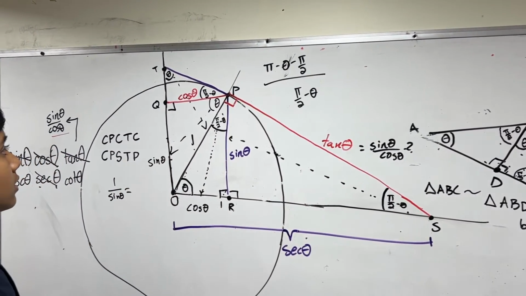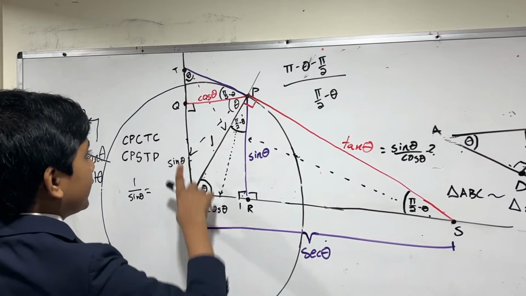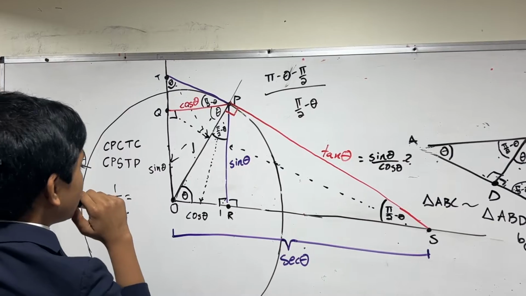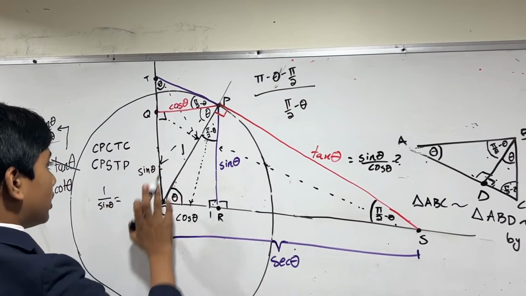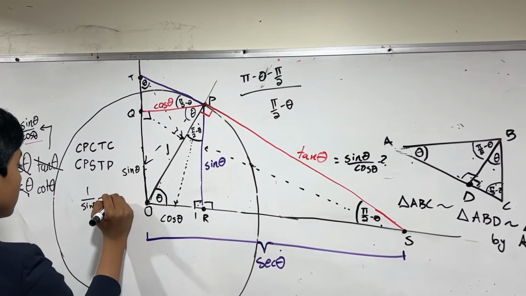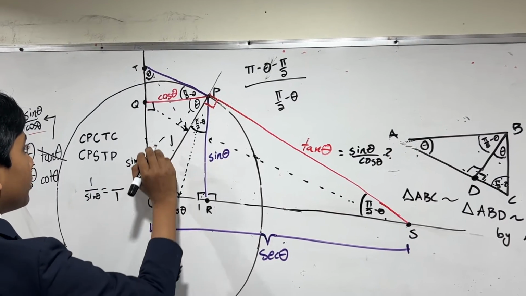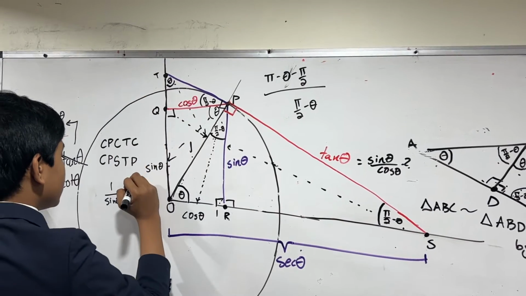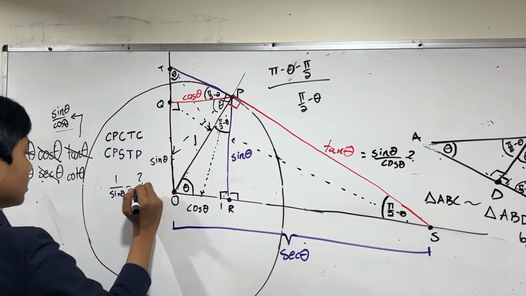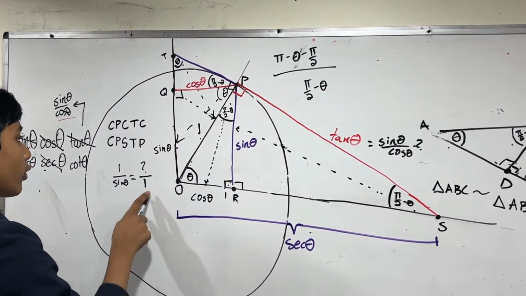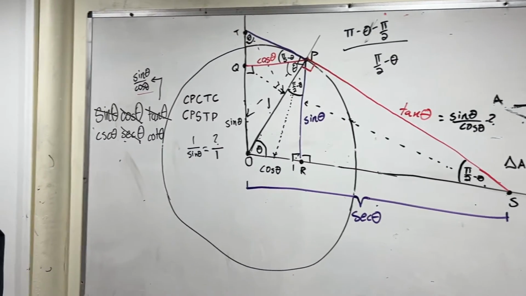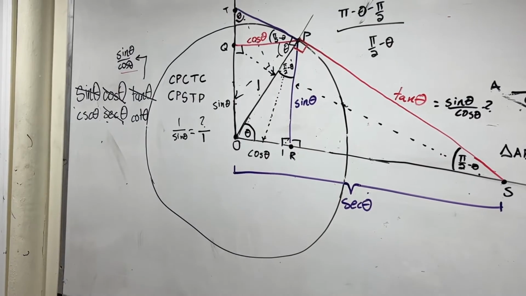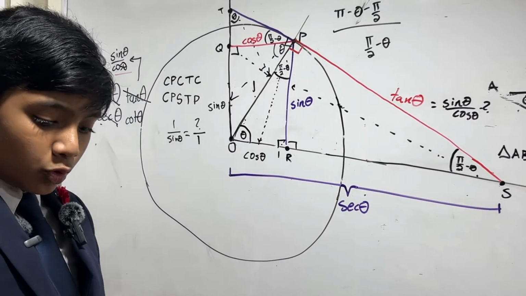And here, we're trying to find this one. So here, the hypotenuse is opposite to 1. And here, the hypotenuse is opposite to the thing we're trying to find, OT. So, OT over 1 is equal to 1 over sine theta. In other words, yep, we found another sneaky boy.